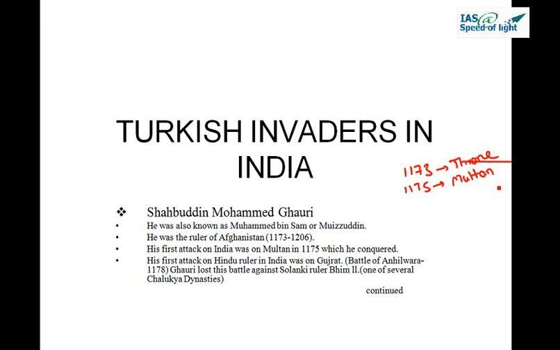Now after 3 years, that is 1178, he marched again to conquer Gujarat. Now let us see what happens. When he marched to conquer Gujarat, there was a king, Bhima II, who was a Chalukya ruler.